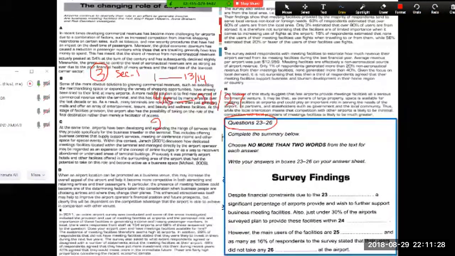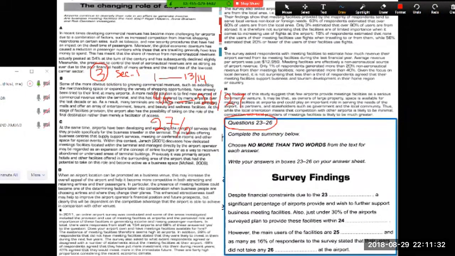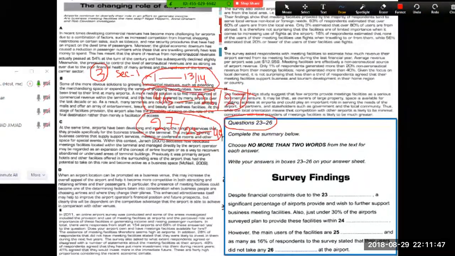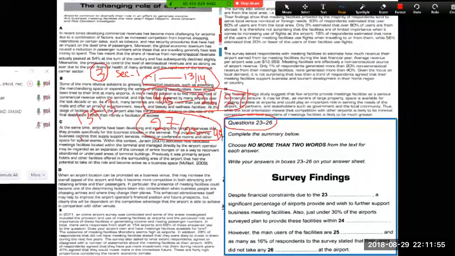Question number 27 or 28 to question number 40 will be in section 3. I hope you know this. Actually, one of these sections contains 14 questions and the remaining two contain 13 questions each. So 13 plus 13 plus 14 is equal to 40 questions in total. Clear? So far, so good?